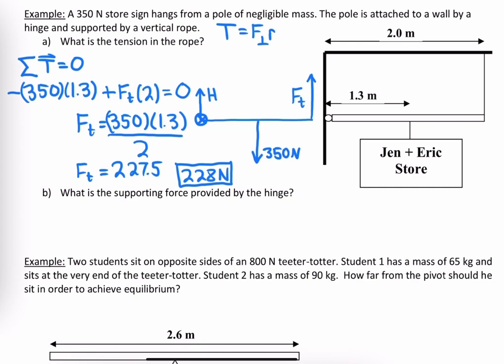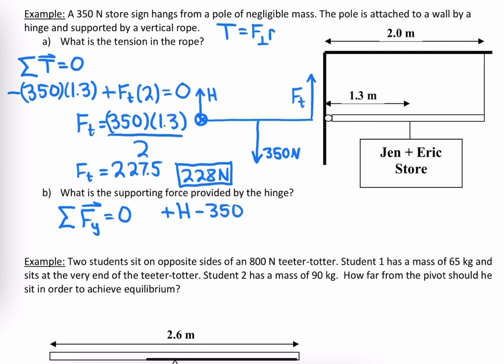And in this situation, since all the forces are in the y direction, I'll just say the sum of the forces in the y direction has to be equal to 0. So that means I have H, which is in the positive y direction. I have 350, which is in the negative y direction.